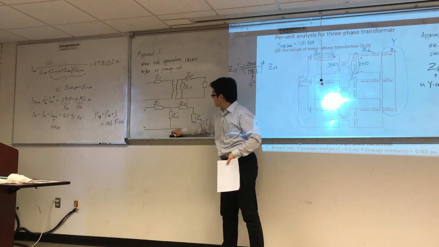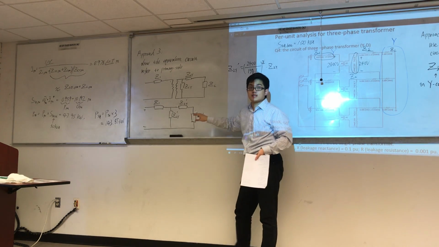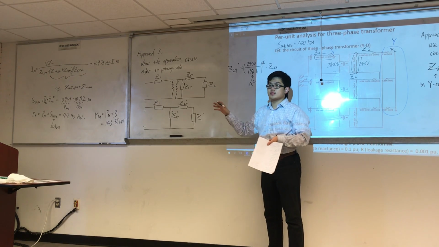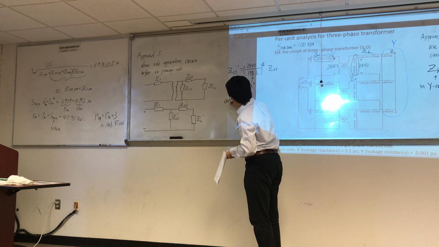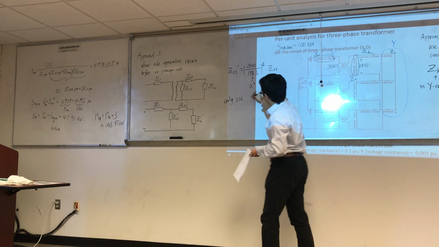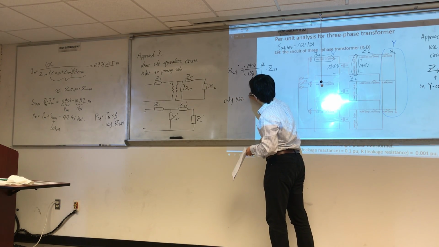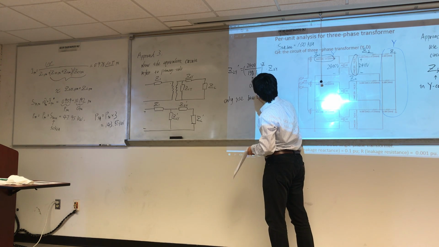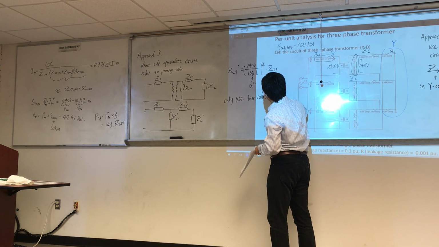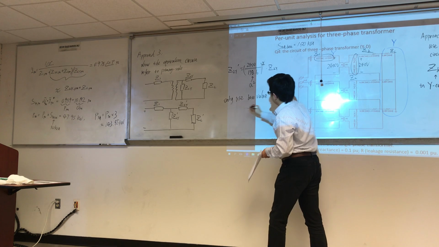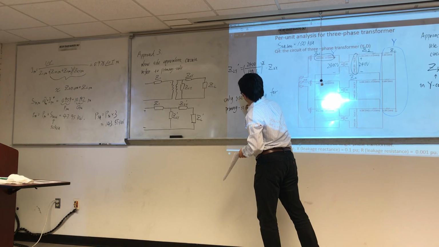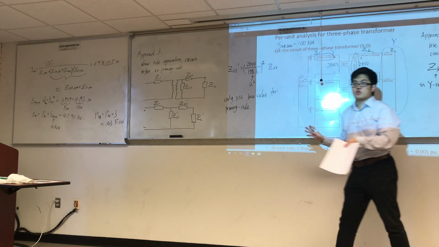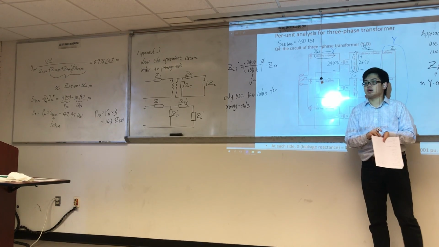Yeah. So next, for this side, you just need to calculate the primary side base value. Why only the primary side base value? Because we already refer everything to the primary side.